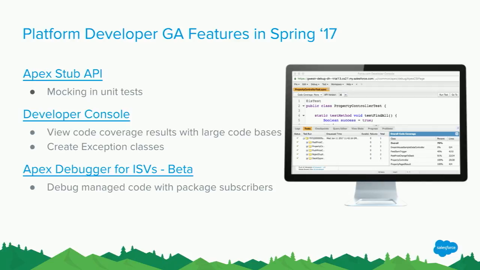Many Java and .NET developers have been used to, for many releases of those platforms, the ability to do mocking and stubbing. This is kind of geek speak for the ability to take your Apex unit test, which may more resemble a functional test, and really scope it down to just testing a single API, to testing the single public members of a specific class.